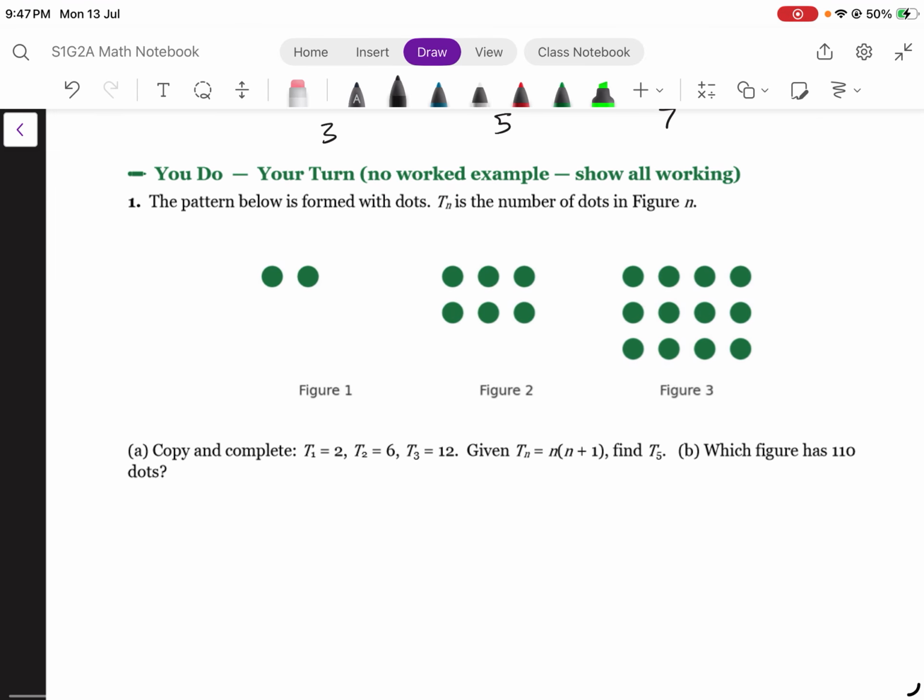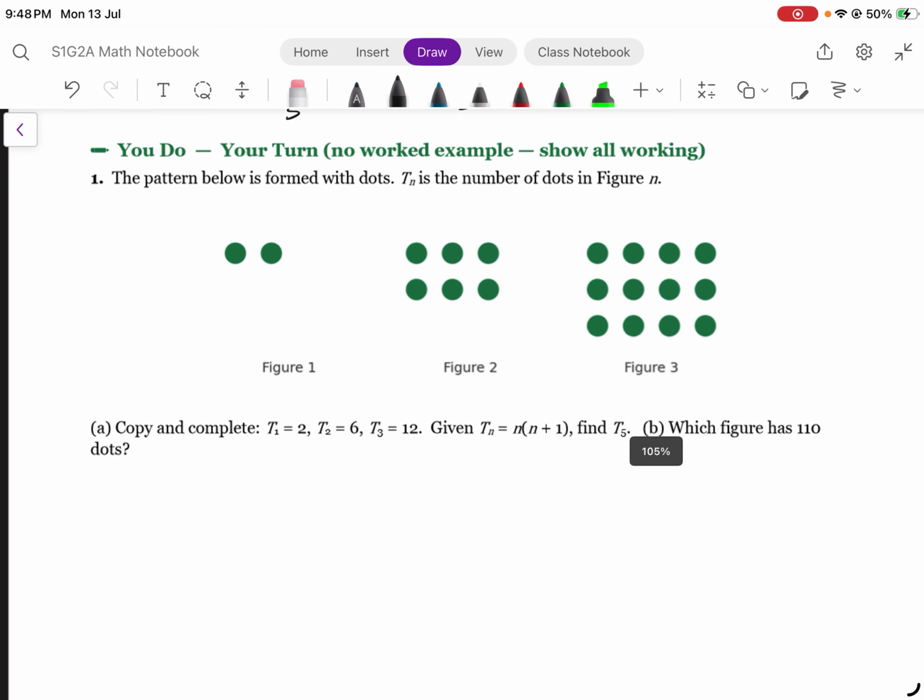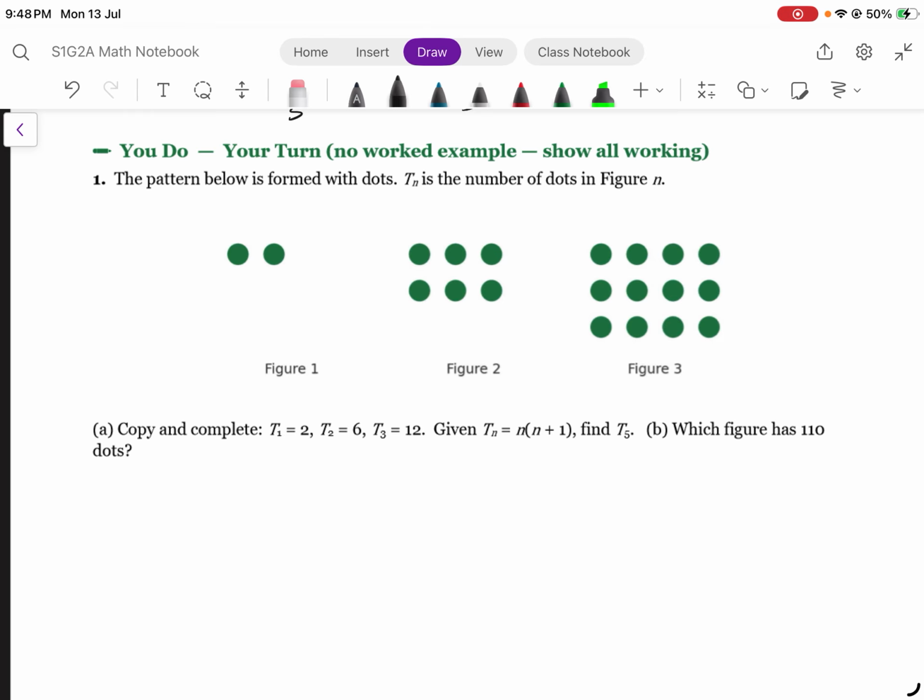Okay, next one. The pattern below is formed with dots. Tn is the number of dots in figure n. You started with 2, then you plus 4, so 2 plus 4 plus 6.